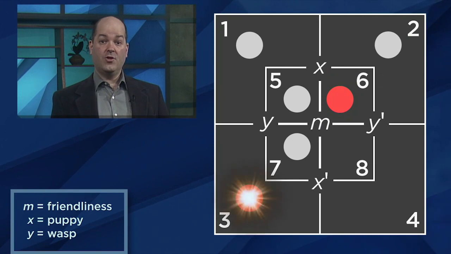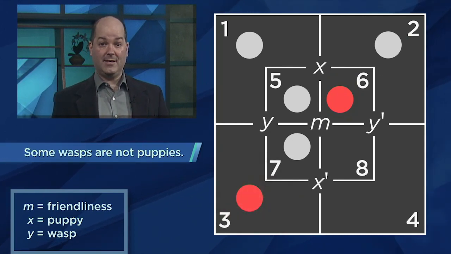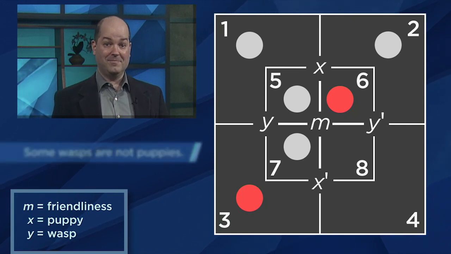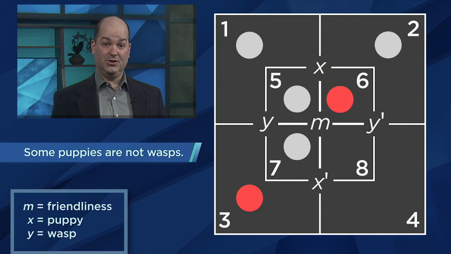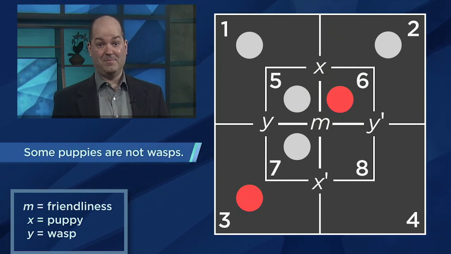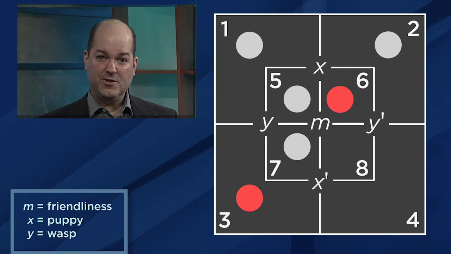Now we look for a relationship between puppies and wasps that makes no mention of friendliness. As we've just noted, the red counter in region 3 allows us to conclude that some wasps are not puppies. And the red counter in region 6 allows us to draw the conclusion some puppies are not wasps. That's not bad, but I think we can do better.